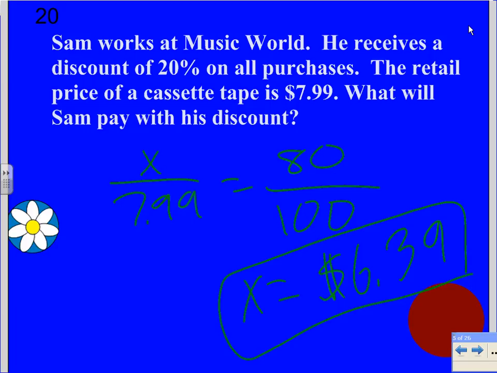If there's a discount, you need to take 100% minus the discount to get 80, okay? Remember, it's always like the new amount over the original. The original in this case is the retail price, because the sale price is the new amount. Peyton? No. Okay, questions on that?